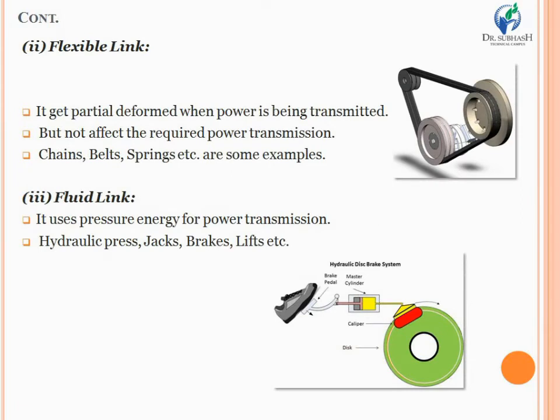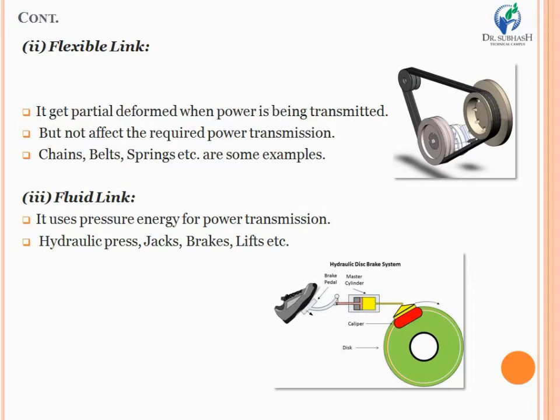After that, the second type of kinematic link is the flexible link. Look at the title, flexible link. It means directly that whenever you are transmitting motion and power, of course there will be a little bit of deformation. And look at the right-hand side diagram, there is a belt drive. So the belt works herein as a kind of flexible link, because whenever you are transmitting power from the driving pulley to the driven pulley, of course the belt will expand as well as contract.